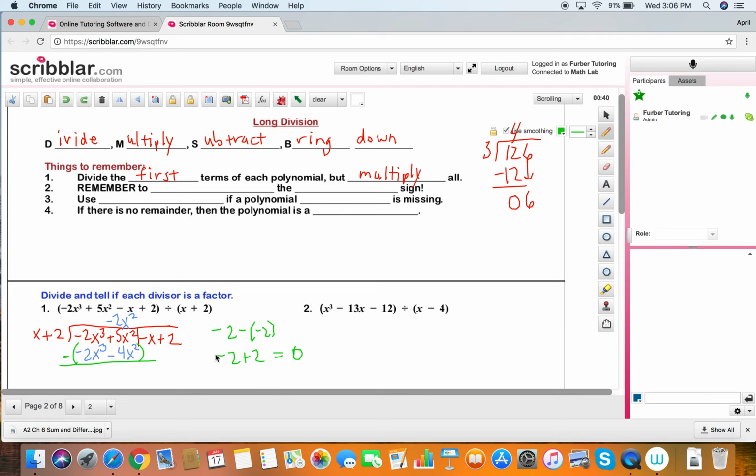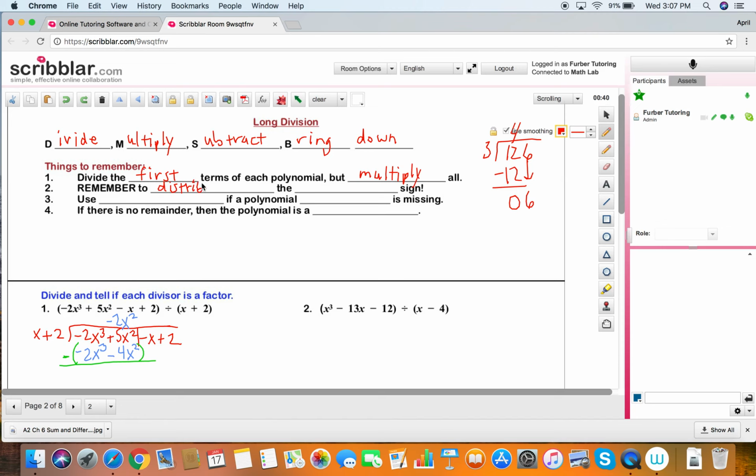You want that to become a 0. You want these terms to cancel out. So when you get to the step of subtraction, you need to remember to distribute. That's what you're going to write up here.